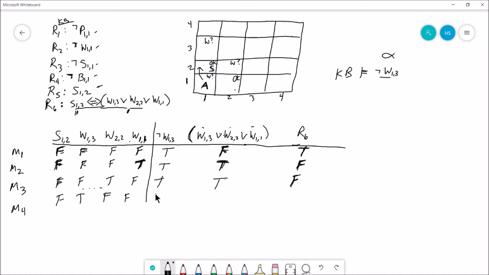So that would make this false, and this would make this true because it's true for 1,3. Now, false and true is false, right? The rule breaks down. You can't have a situation where you've got no stench but a Wumpus. So this world is invalid. Remember, we were talking about eliminating invalid worlds on the previous slide.